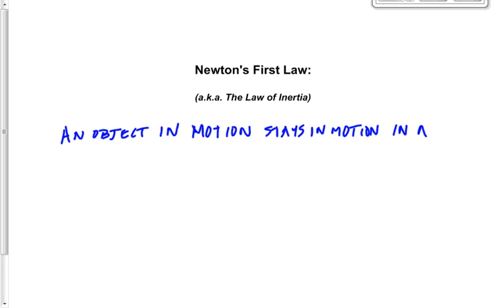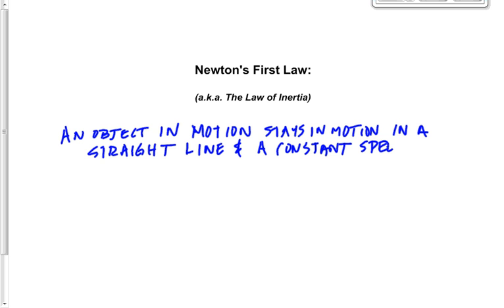In a straight line and a constant speed. So it doesn't change direction. It doesn't speed up. It doesn't slow down until acted upon by an unbalanced force.